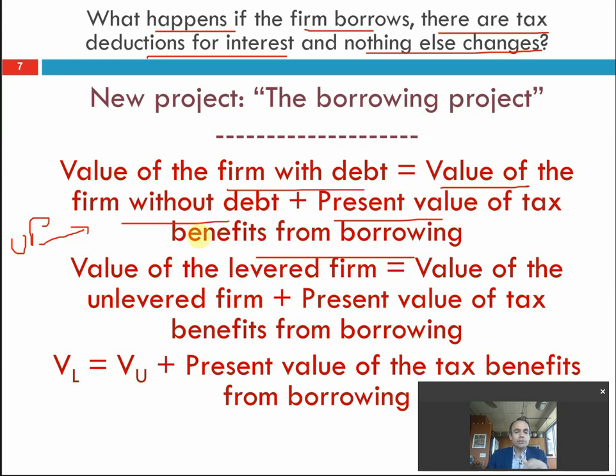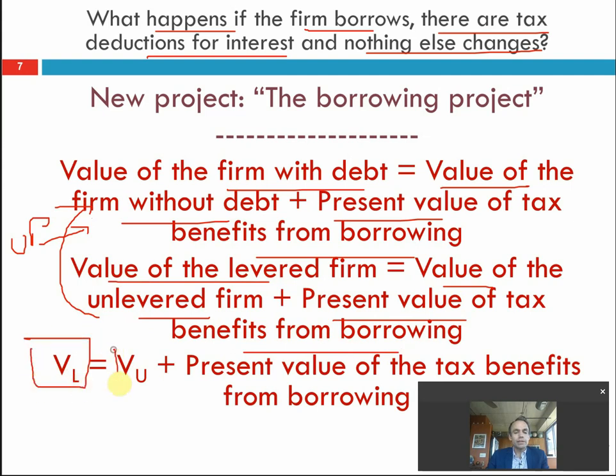That's going to progress to an equation that says the value of the levered firm is the value of the unlevered firm. That's the same as the value of the firm without debt, plus the present value of tax benefits from borrowing, or written another way, V subscript L is V subscript U plus the present value of the tax benefits from borrowing.